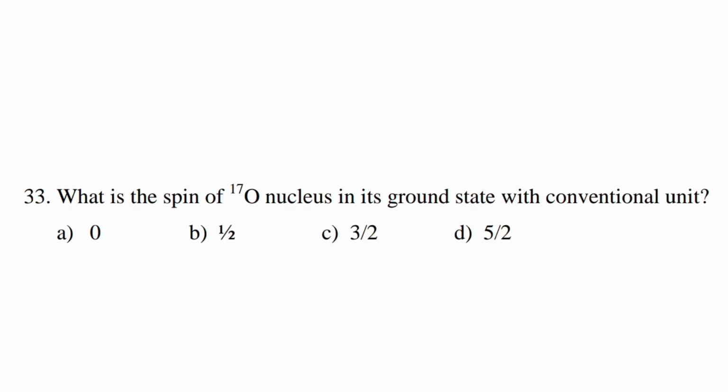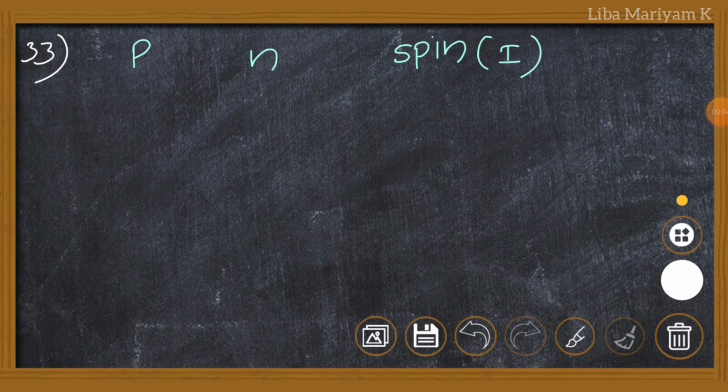Question 33. What is the spin of O17 nucleus in its ground state with conventional unit? To calculate spin of an atom, we usually use this method. When number of proton is even and number of neutron also even, then value of I is 0, that is no spin.